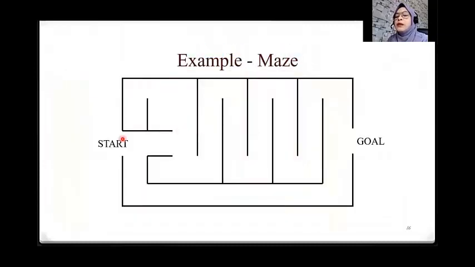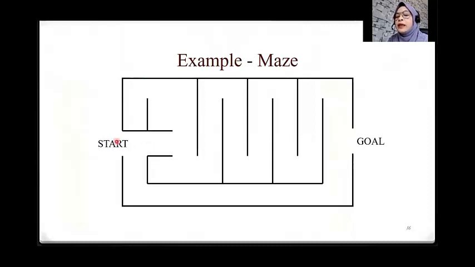This is an example of a maze. If we look at this example, what is in front of us might be the best for now. If you follow like this, you might have to go like this. So we take a long step. If you go like this, you will circle here.